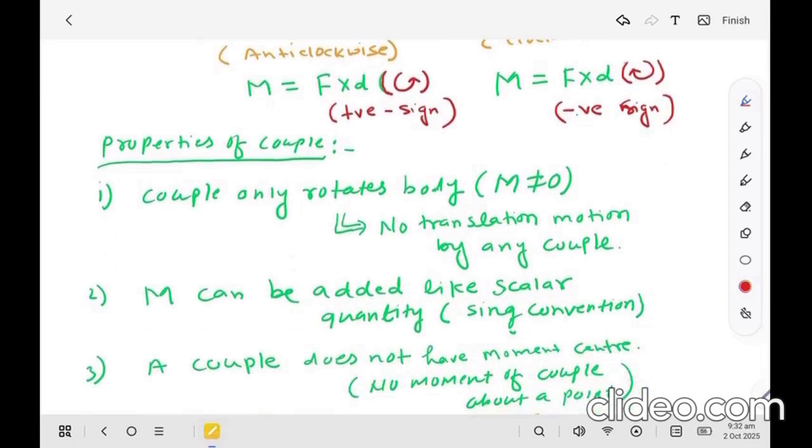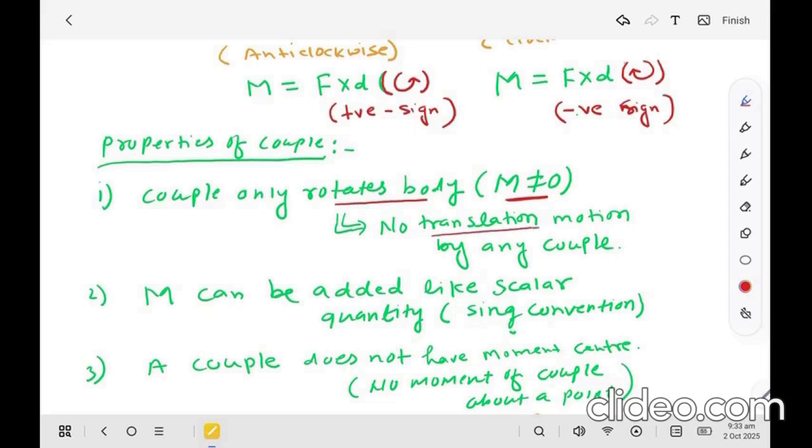First, the couple only rotates the body. If the moment of a couple is non-zero, this couple will rotate the object in a given direction, but it will never provide a translation motion to the same object.